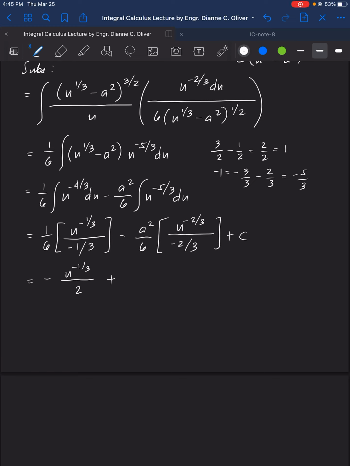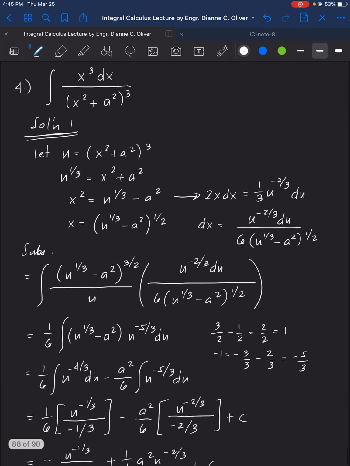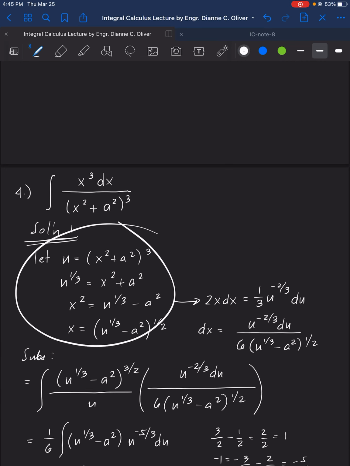So 3 over 2 cancel out. What's left is positive 1/4 a squared u raised to negative 2/3 plus c. Okay, so I think we covered that. Then substitute from the original variable.